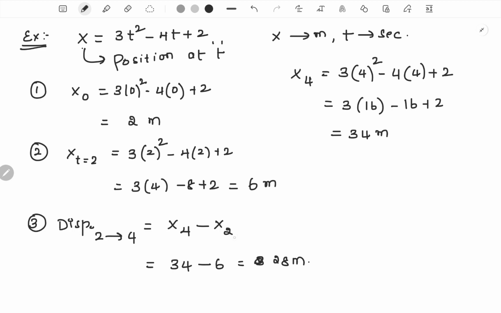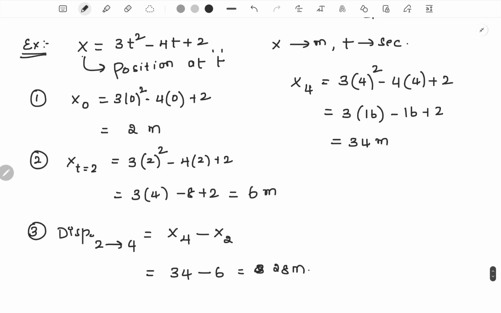Now let's calculate the distance during a particular interval of time. As I told earlier, distance is the total length of the path that has been taken by the particle. The total distance traveled during an interval of time need not be equal to the displacement during the interval. It will be equal to the displacement provided the direction of the motion does not change during that time interval.